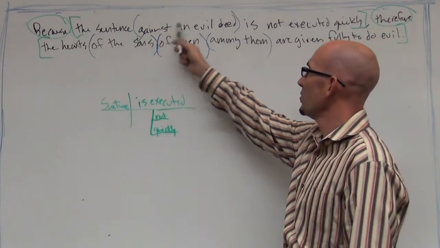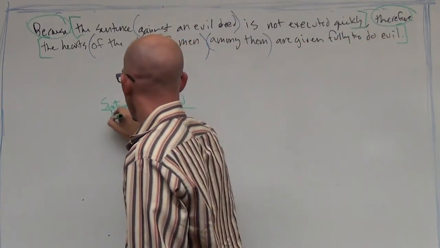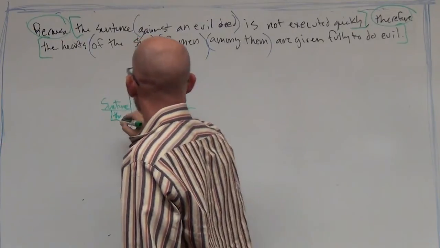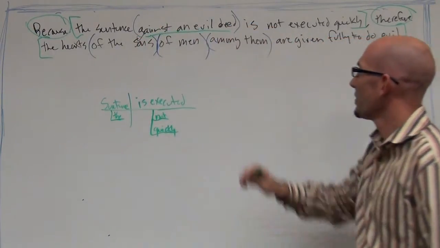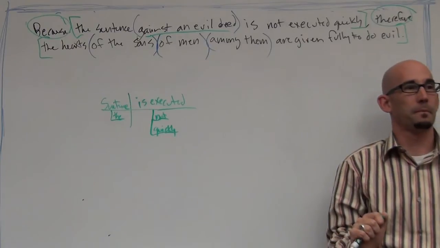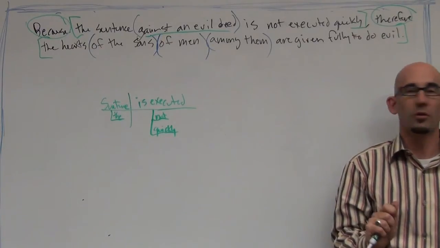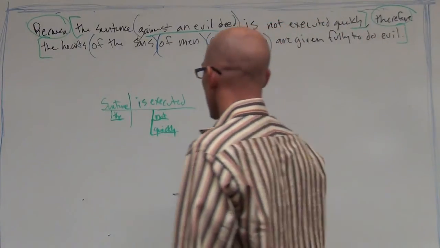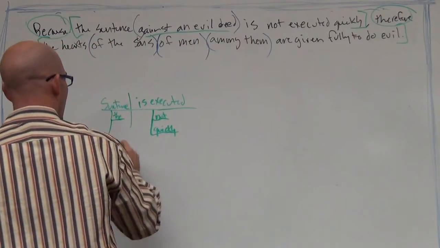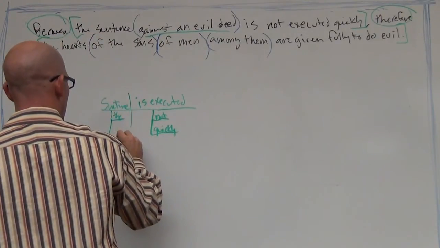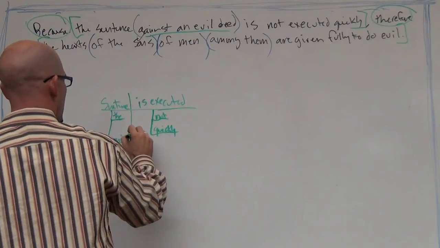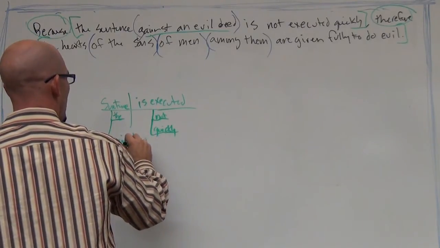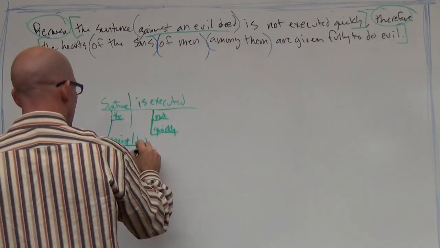What about against an evil deed? Okay, is that adjectival or adverbial? Adjectival, modifying sentence. What kind of sentence? It's an against-an-evil-deed sentence. Against is your preposition. Deed, the object of the preposition. What kind of deed?